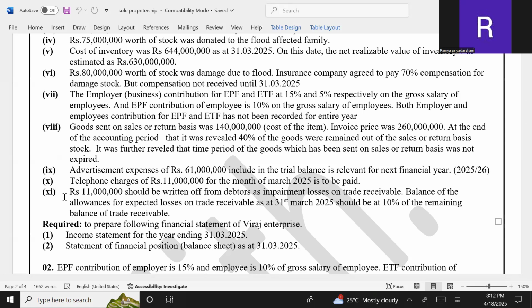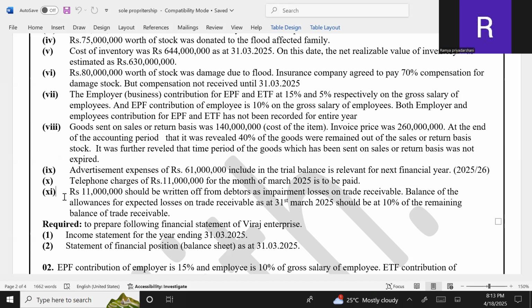When preparing financial statements based on a trial balance, these adjustments should be done first. All other adjustments can be done after that.